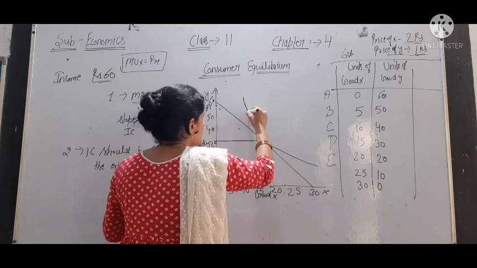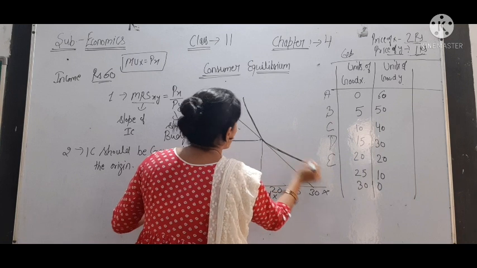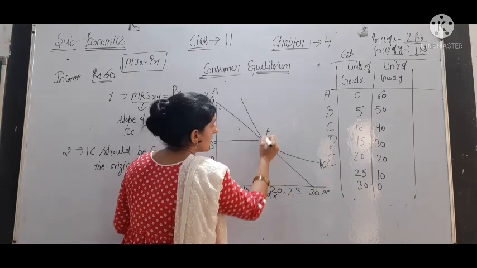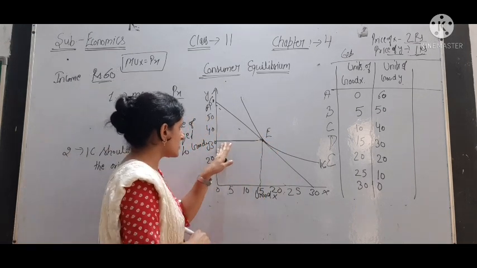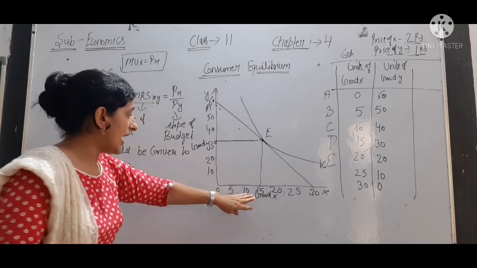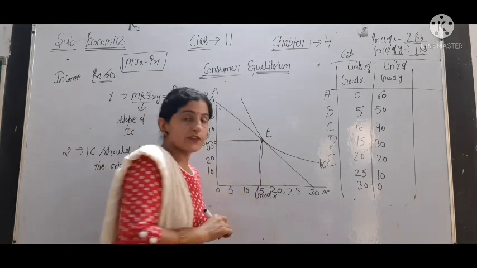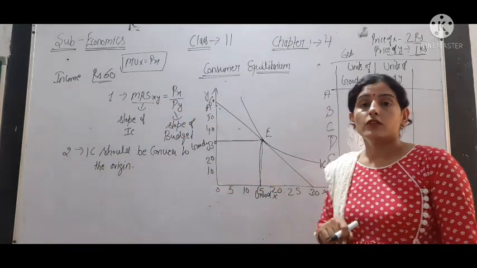This is our IC, so it is the indifference curve. This is IC. Budget line at this point, this is point E. Here the consumer is consuming 30 units of good Y and 15 units of good X. 15 units of good X and 30 units of good Y, okay.